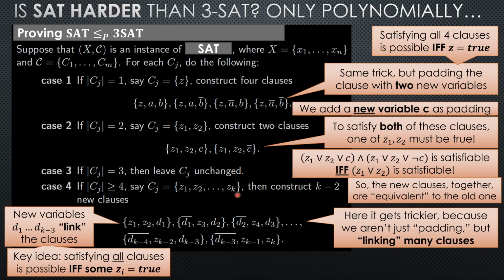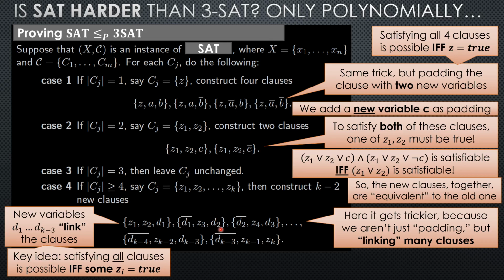So suppose all the z's are false. Can we make all these terms true? That would be a problem. Well, if all the z's are false, then I have to set d1 true to satisfy this clause. And then negative d1 will be false, and z3 is false, so I have to set d2 to true. Okay?